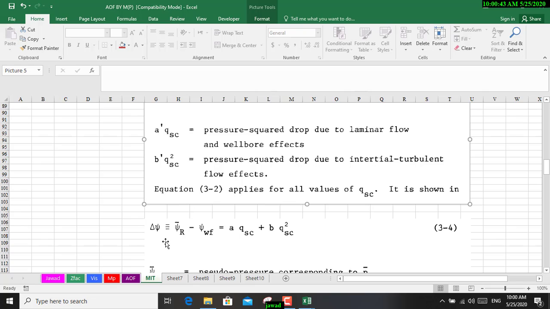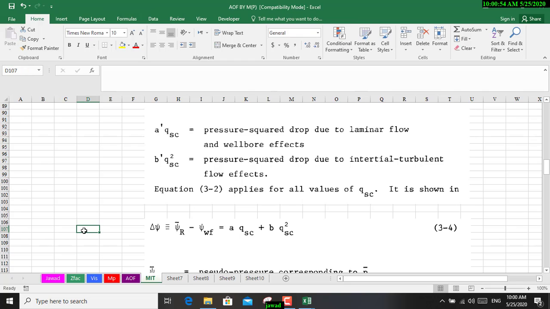Always in gas wells, we prefer to use pseudo pressure, psi. Some books call it M of P, and some books call it psi, because there is no limit on the pressure used.